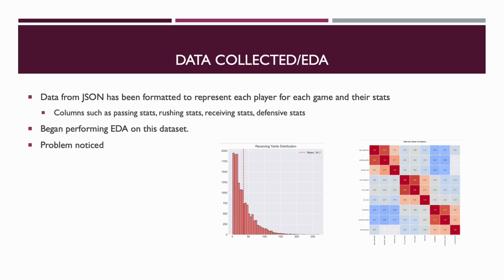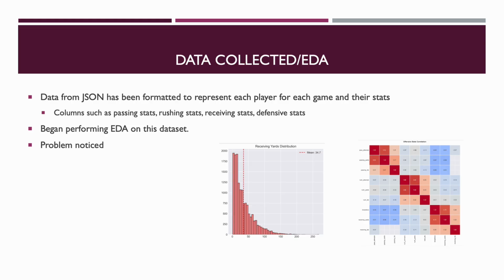For receiving yards, I saw the distribution was skewed a lot, as well as there being some collinearity between various receiving stats, which makes sense. After I performed this EDA, I noticed the biggest problem was that my data set wasn't formatted in a correct way, where my data set wasn't solely on receivers.